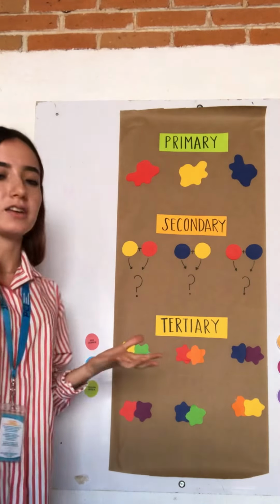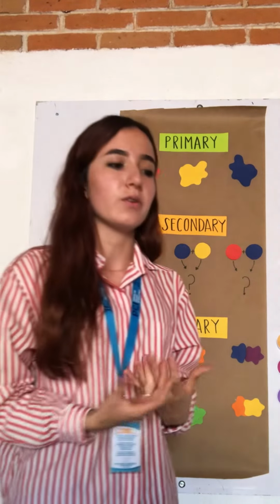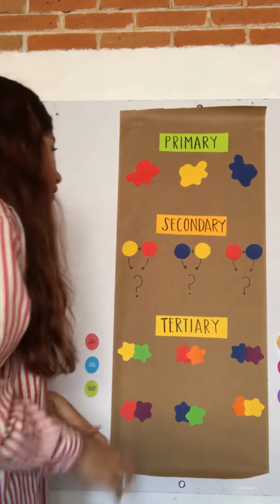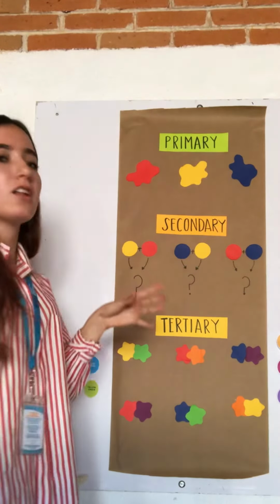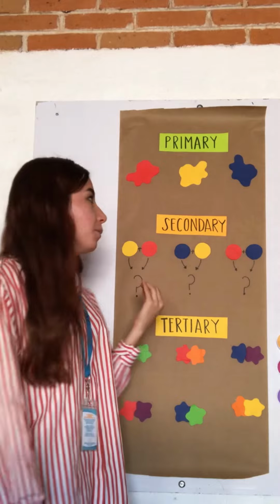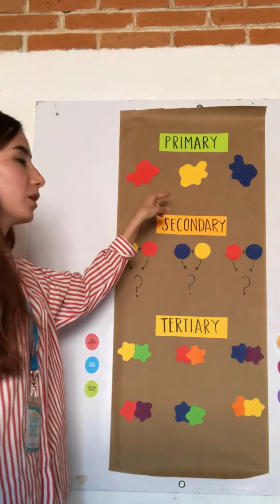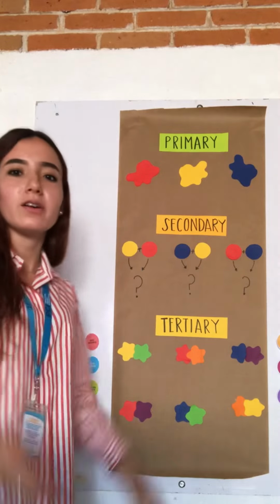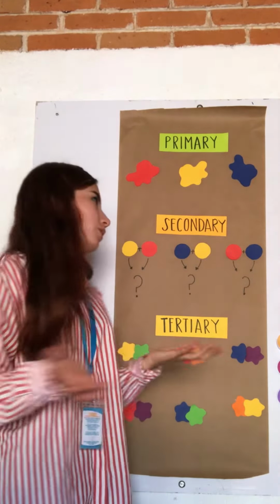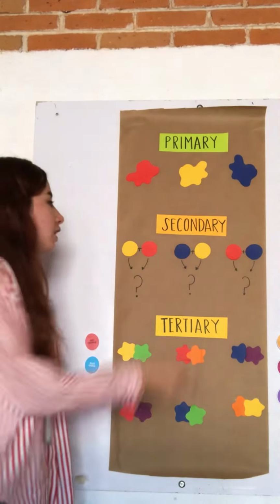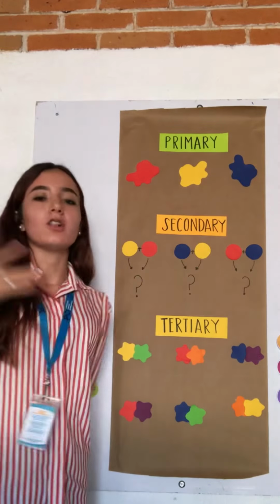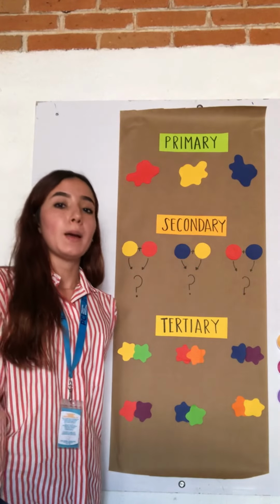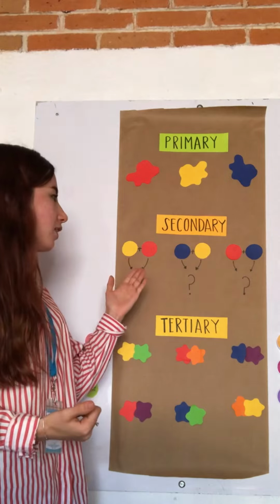Then, from the primary colors, we can actually get the secondary colors. And what are the secondary colors? That's what we are going to learn today. So, the secondary colors are the colors that are made by using the primary colors. So that's why we have this combination. So we are going to understand how to get them, okay? So first we have red and yellow. Which color do you think that we obtain by red and yellow?